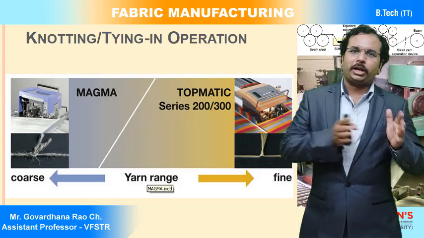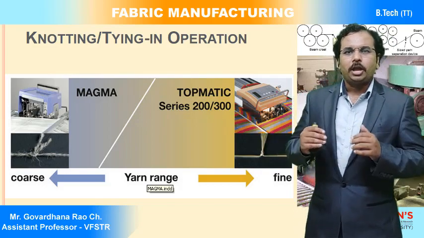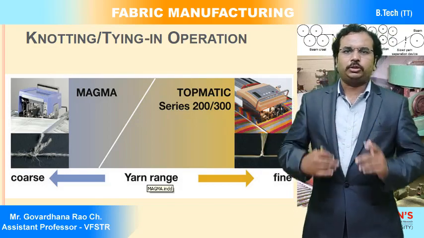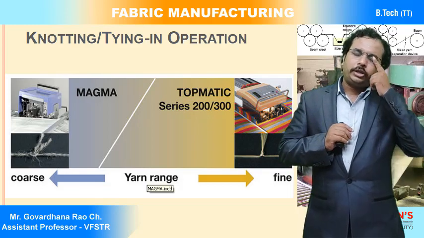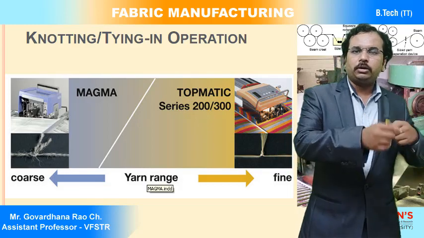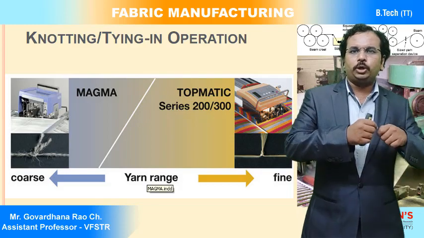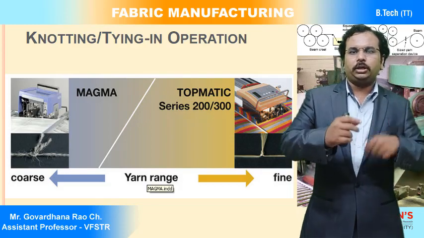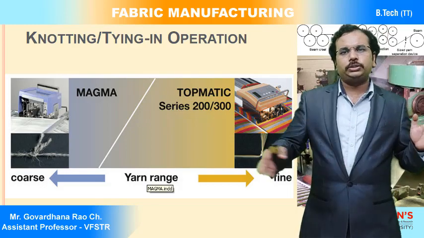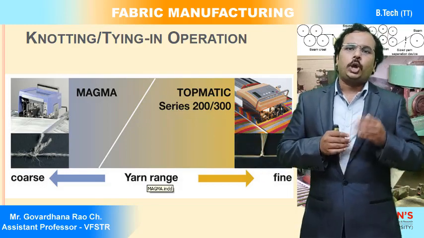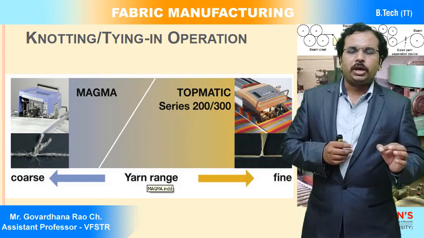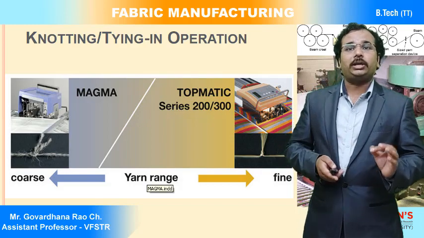For example, 10,000 ends are there in the old beam, and the new beam should also have 10,000 ends. Now end to end, number 1, both together we knot. End number 2 we knot. End number 3 we knot. Like that, all 10,000 ends are going to be knotted individually using a knotting machine.